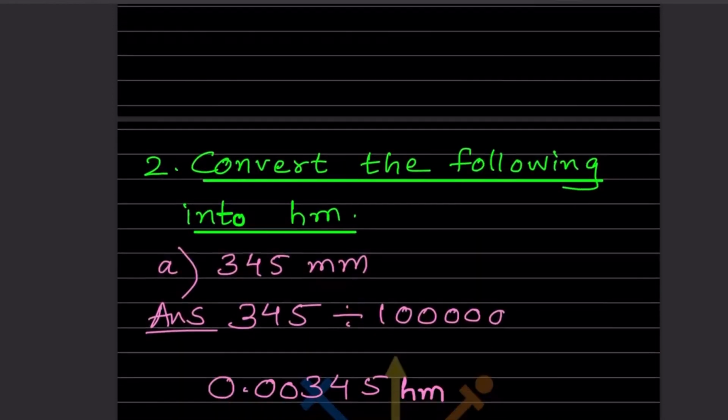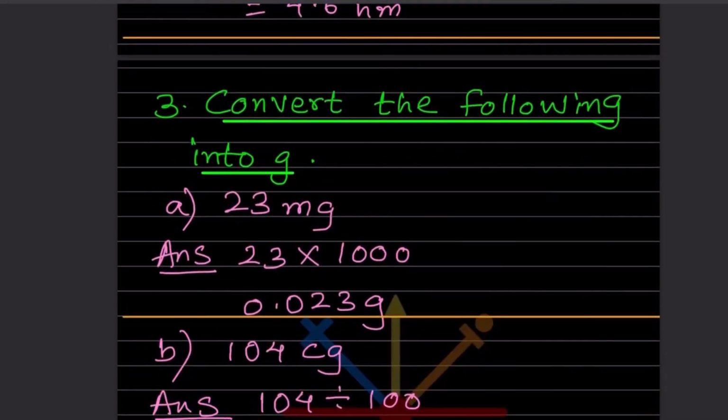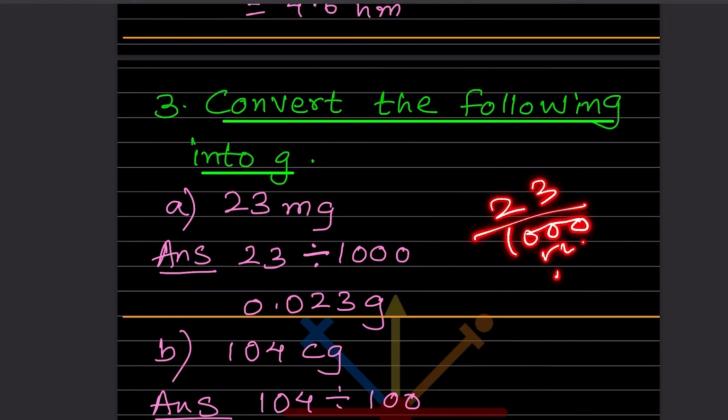So here you are going to divide. 23 divided by 1000. So here what are you going to do? 1, 2, 3 zeros. So you will write 23 and you will go backwards 3. So that will be 0.023.